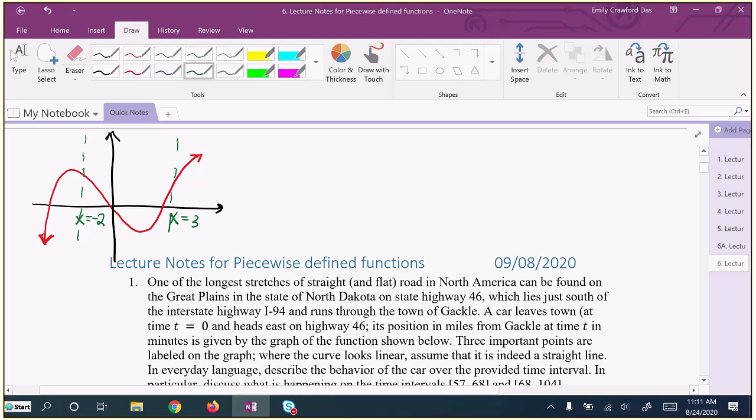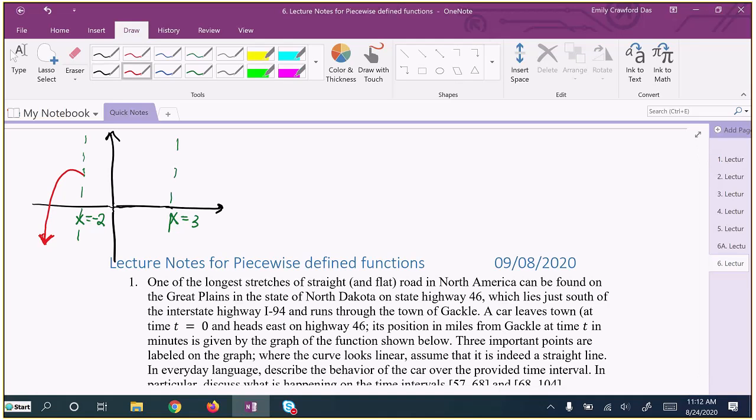And then what if instead of following this function all the way over the domain for all real numbers, we changed at a certain point?